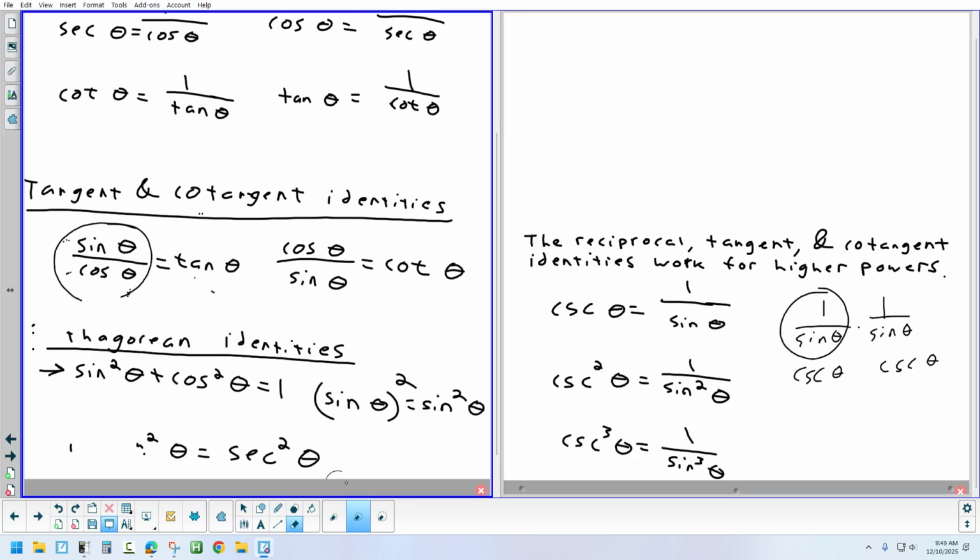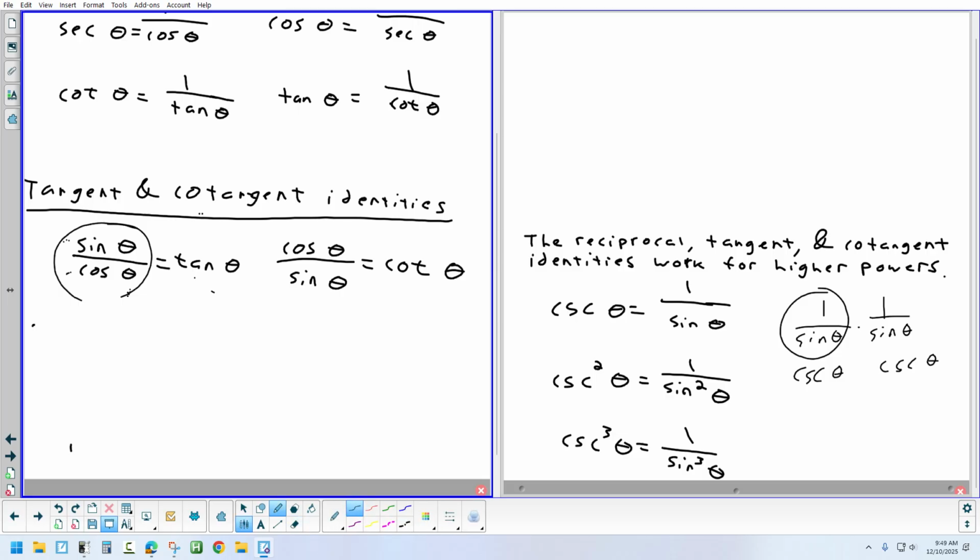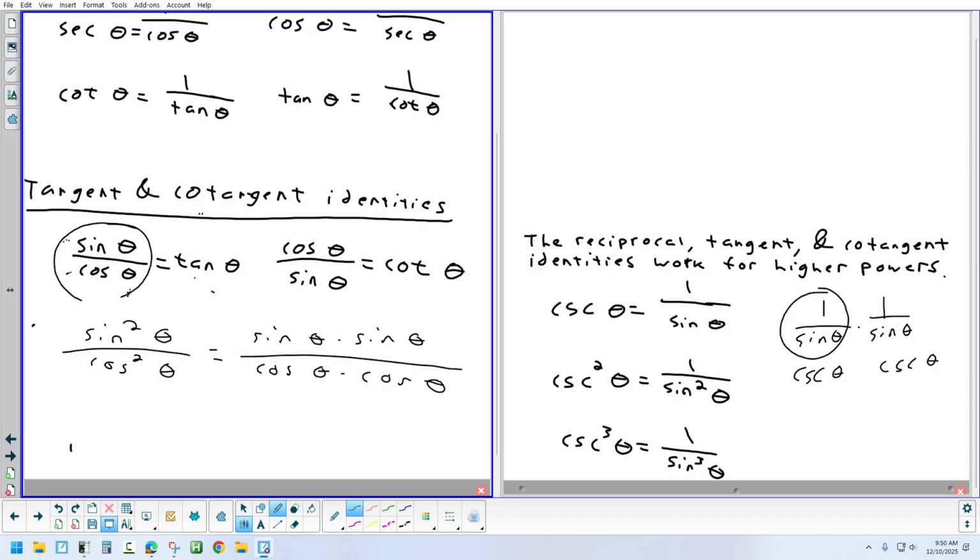If you ever get stuck, kind of break it down and think about it. Sine squared over cosine squared means sine times sine in the top, and cosine times cosine in the bottom. Now think of it as two different problems. Sine over cosine, that's tangent. Sine over cosine, that's tangent again.